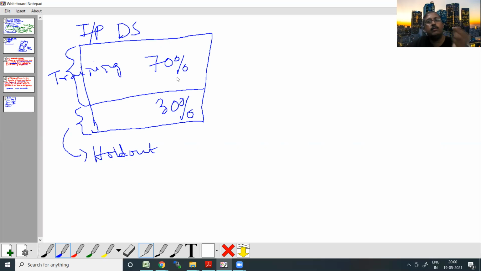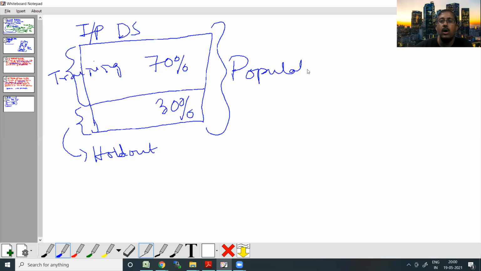Now, here comes the role of sampling theory. If I consider the whole set as my population, I draw a portion of this, which I call my training data, and that's equivalent to my sample.